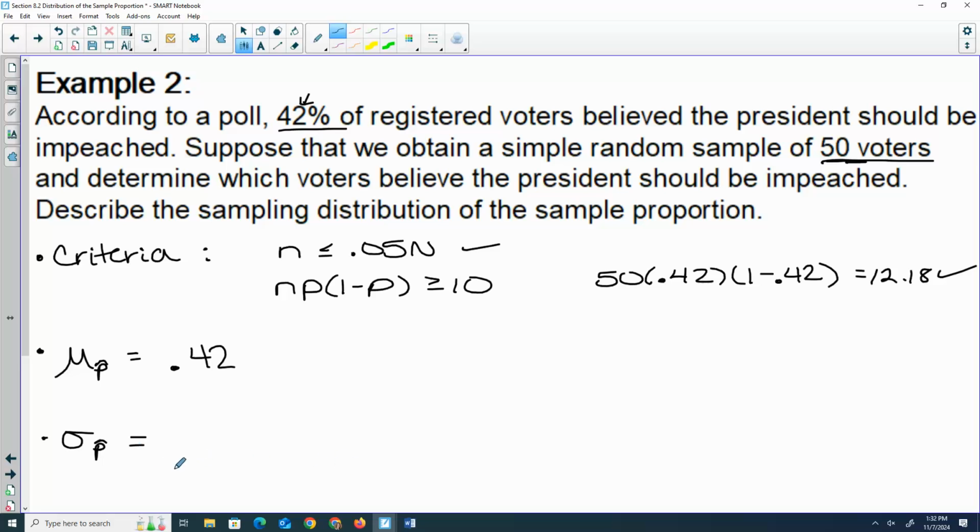And standard deviation. It said the square root of P, 0.42, times 1 minus P over N, which was 50.